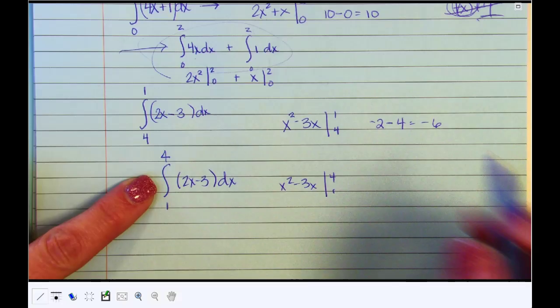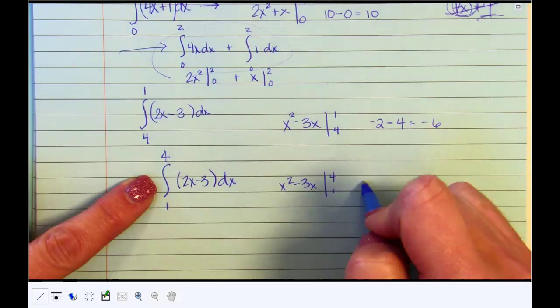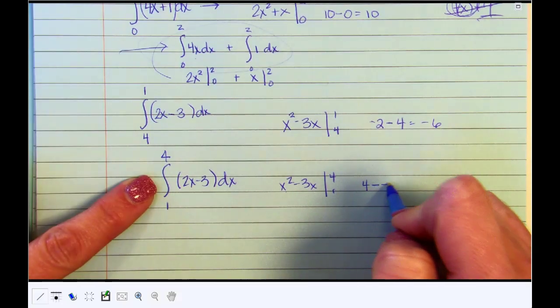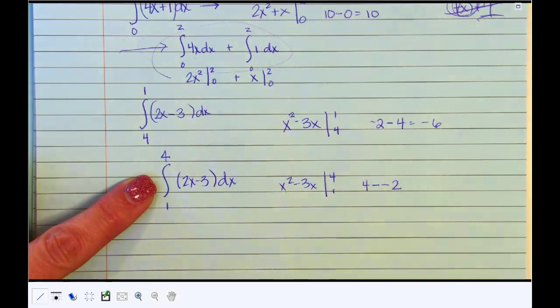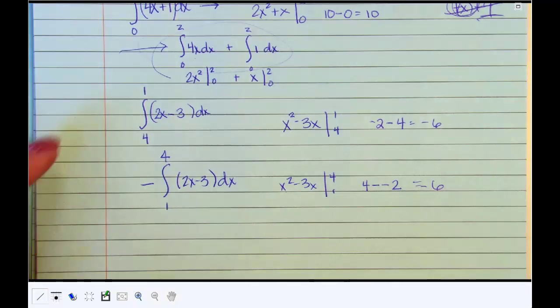This is 4 minus -2, right? Which is 6, and then apply the negative. So you apply it at the end because you multiply it when you're done. Or you can distribute the negative to your function, so you have negative x squared plus 3x, that will work also.